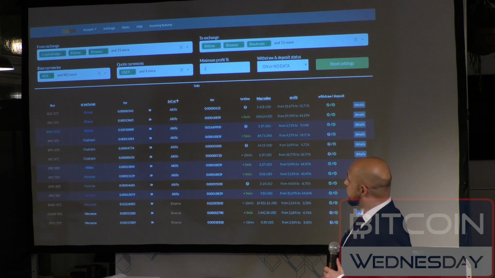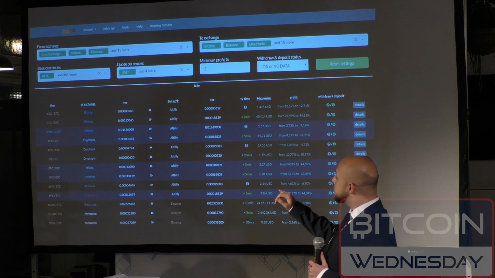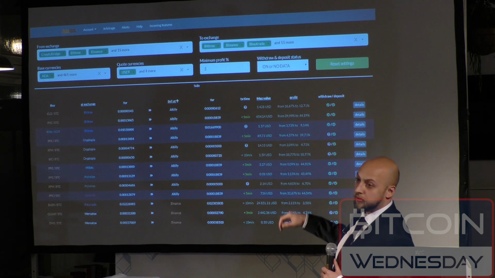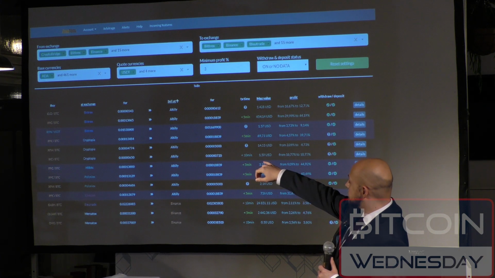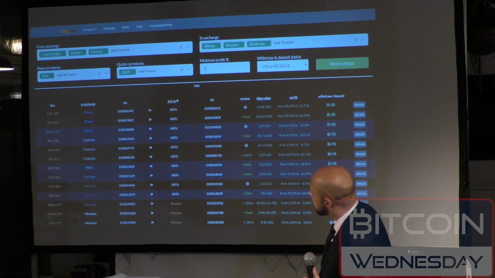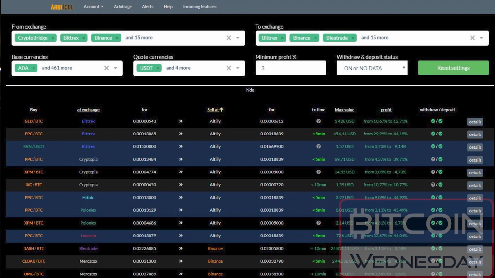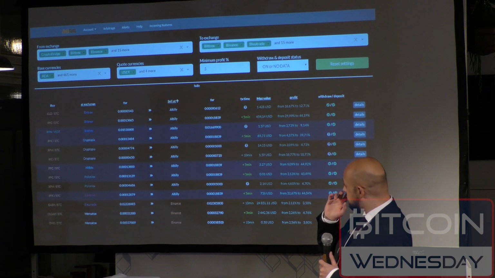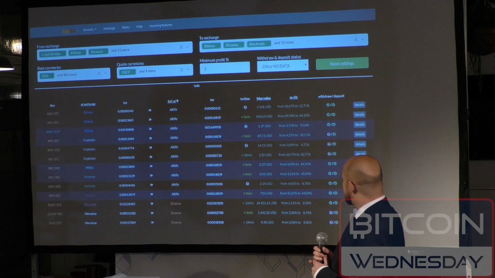As you can see, it's very easy to understand because it shows you what coin you need to buy and for what coin. For example, in the first line, you're using BTC to buy some coin. And you see on what exchange, for what price, where you should transfer it, and sell it for what price. There is a transfer time.